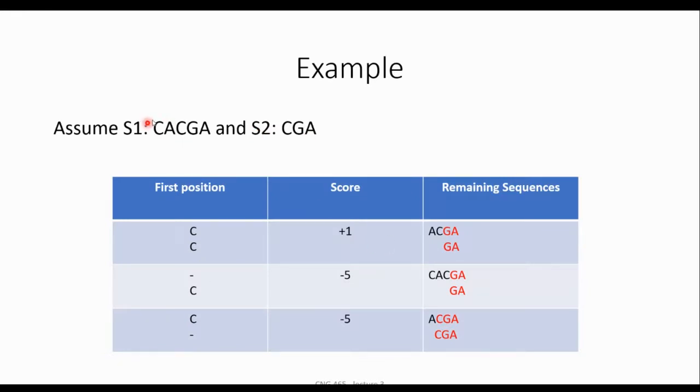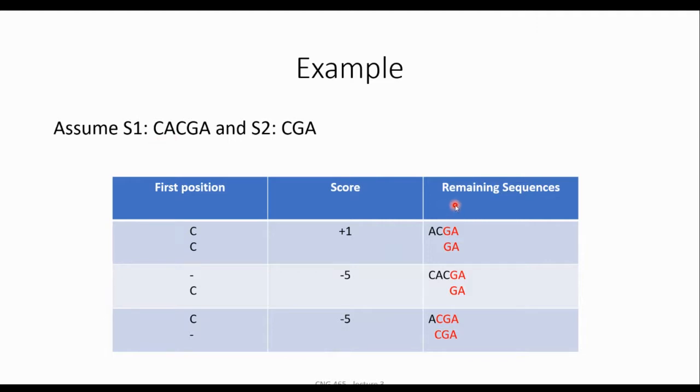Or I consider a gap before the first nucleotide here and C itself in the second sequence, so I align a gap with the letter. This is one possibility. I get -5, because I opened a new gap. Again, for the next one, instead of here, I have a gap here. So the sequence starts from C, and we will have a gap here. Again, I receive -5. These scores I just showed are related only to the first nucleotide.